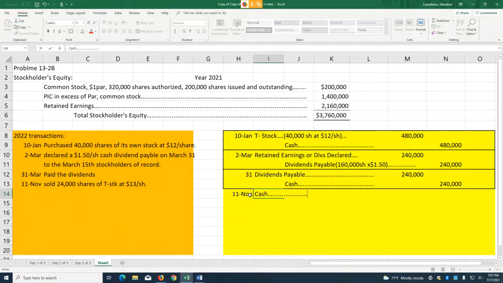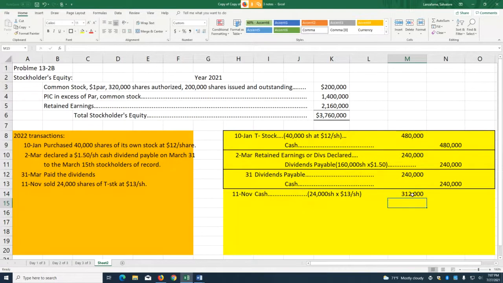And the amount of cash that you're getting is the 24,000 times the 13. So 312. Do you guys get the same number? If you don't, let me know and I'll fix it.